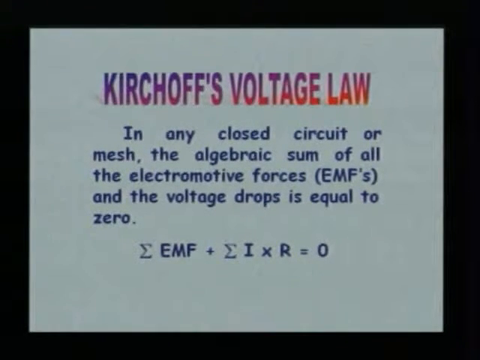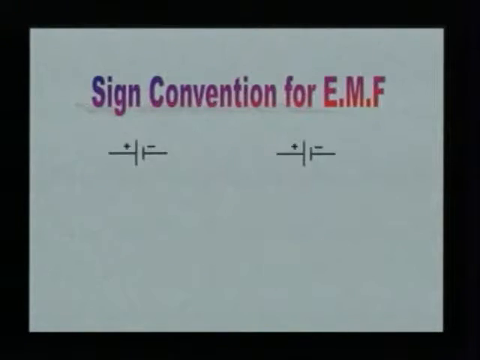Before going any further, let us see about the sign conventions for EMF. If we consider the circuit, these are the EMF sources, positive as well as negative terminals. If we are considering the circuit from the positive terminal to the negative terminal, there is a fall in potential.